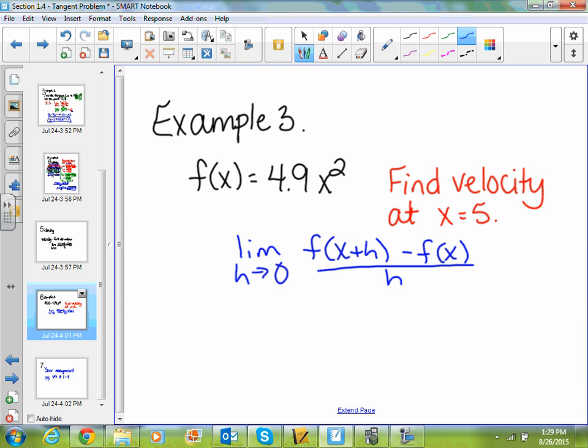So if I do that, then f of x plus h just tells me to put x plus h in for my x. f of x is just 4.9x squared.